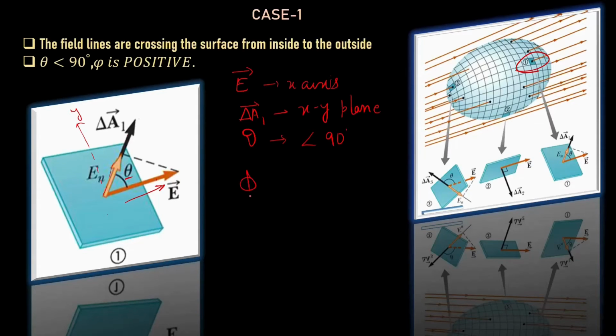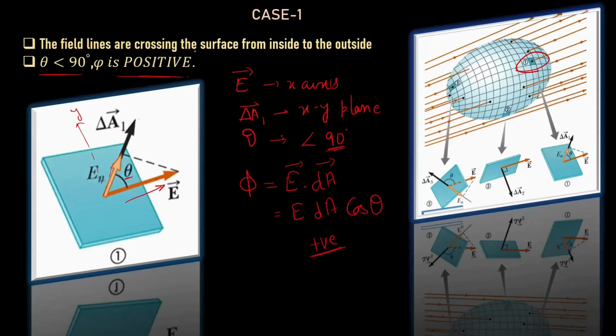If we go for the formula for electric flux, we know that for an open surface it is E dot dA, where they are vectors, and if we open this dot product, we get E dA cos theta. The value of cos theta for angles less than 90 degrees is always positive. So in such a situation, the flux will be a positive quantity.